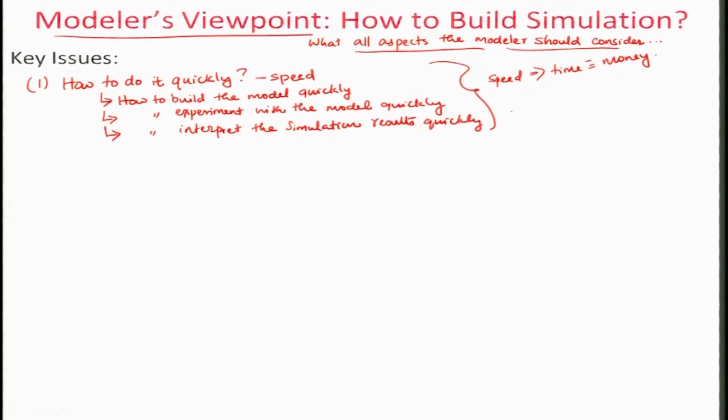So here you are trying to do it at a quicker or faster pace, so that the expenses to build the simulation can be reduced. Okay. So this is the major consideration in how to do it quickly: speed.